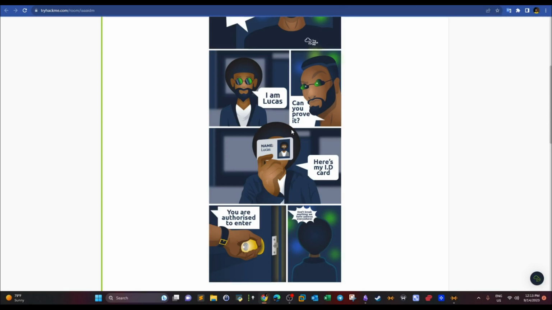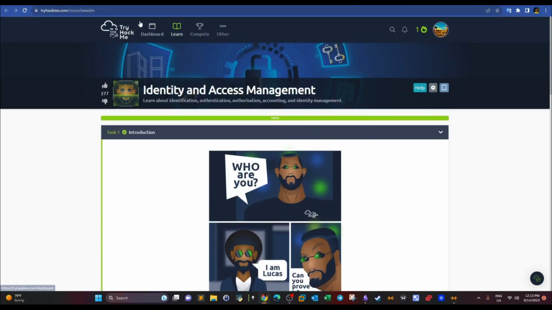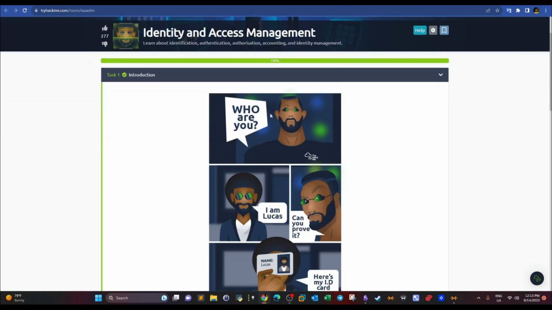In the case of cybersecurity, this is the phase of accountability, which is achieved by logging. So the website TryHackMe, for example, has logs for your activities in the platform. These logs serve the accountability. They can prove that you did or did not do certain things. So this illustration here has all the story of this video, identity and access management.